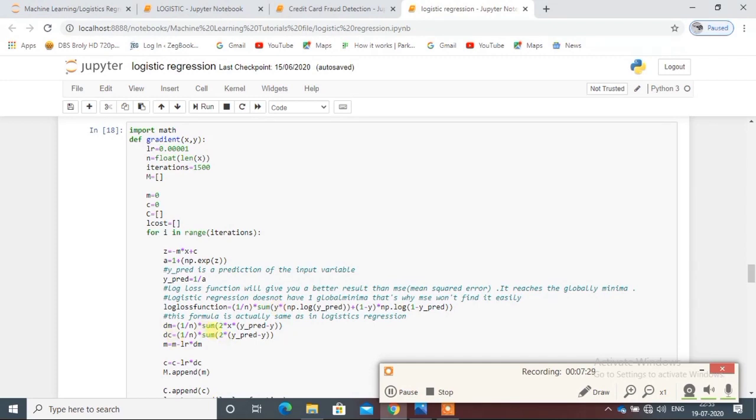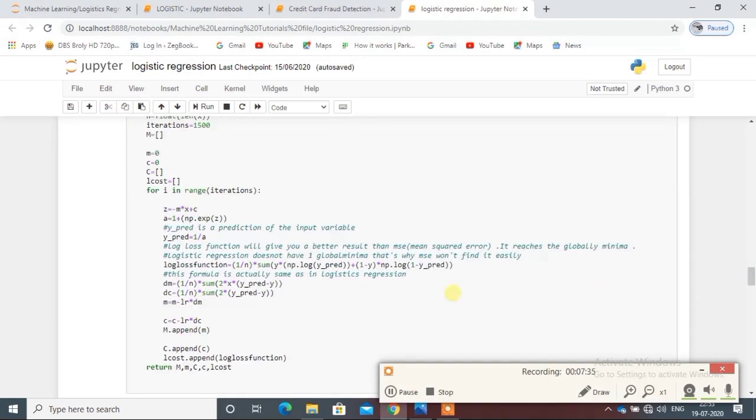Here is the formula we discussed in our last video: the partial derivative of slope and the partial derivative of constant. This is our convergence formula, which is used to update our slope and intercept, and we have to minimize this log loss function.